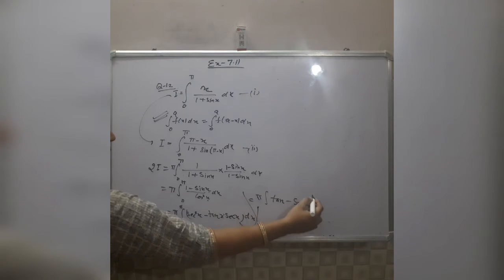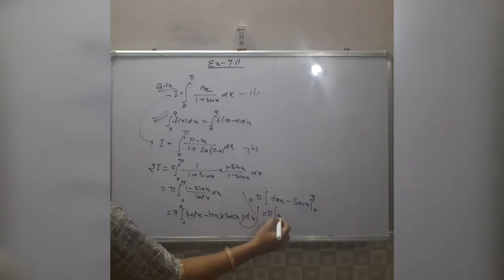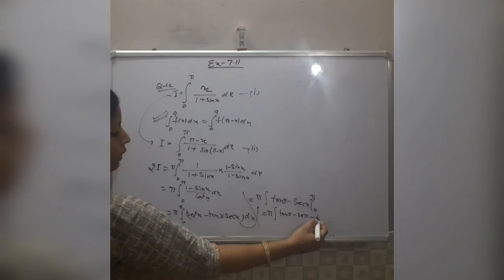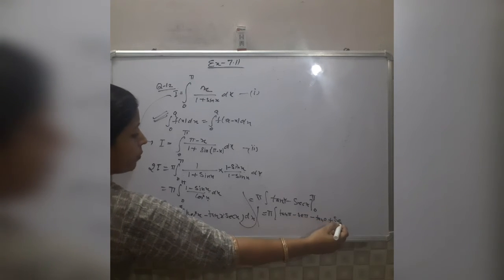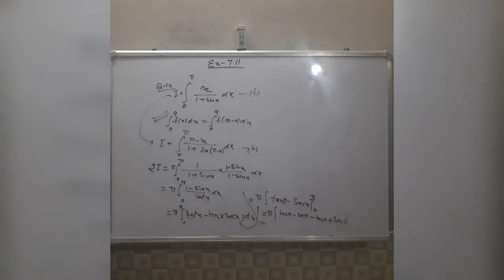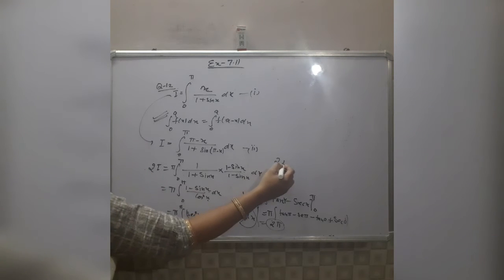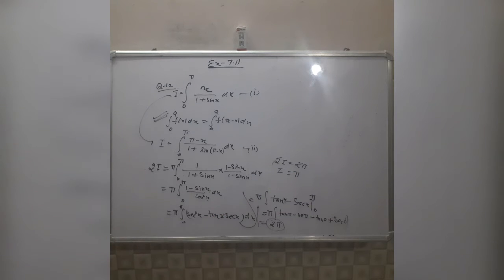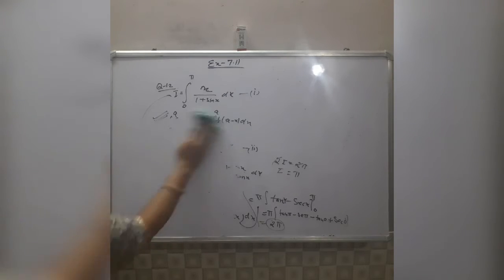So after that upper limit minus lower limit, pi into tangent pi minus secant pi, minus lower limit, it becomes tangent 0 plus secant 0, and when you simplify it you will get this is equal to 2 pi, but this is the value of 2I. If 2I is equal to 2 pi, then 2 is cancelled with 2 and I is equal to pi, means required integration is equal to pi. Answer will be pi in this case. So this is question number 12.